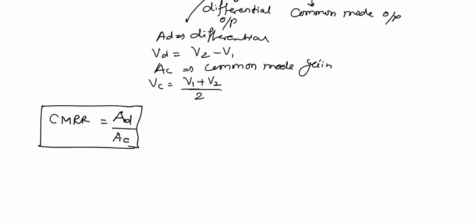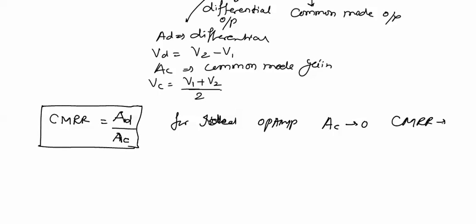For this we have to reduce AC to 0. So for an ideal op amp, AC tends to 0, so CMRR tends to infinity. For an ideal operational amplifier, CMRR equals infinity.